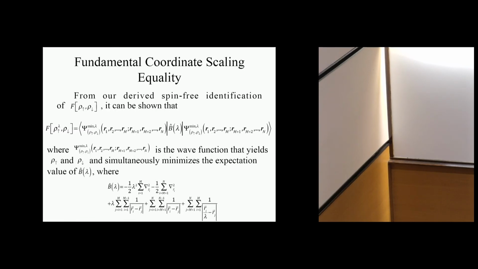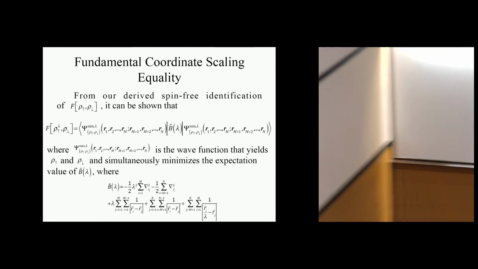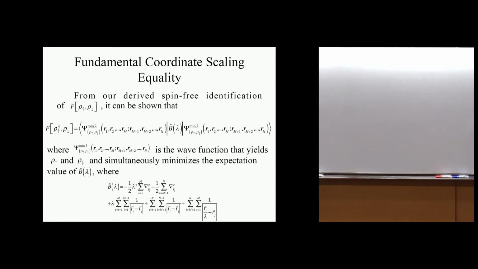So let's say, remember, the question was, if you let lambda go to 0, do you get the same result as if you take this all out and put a 0 here and you just have the F of just the spin down density? Well, let's look at what happens here. When lambda goes to 0, this disappears in the operator.